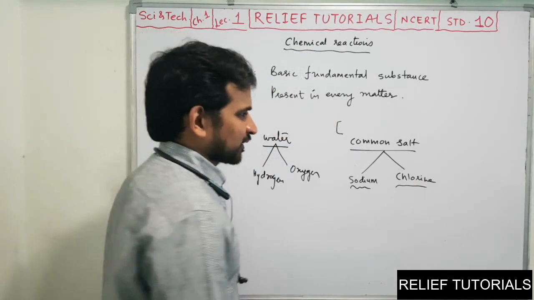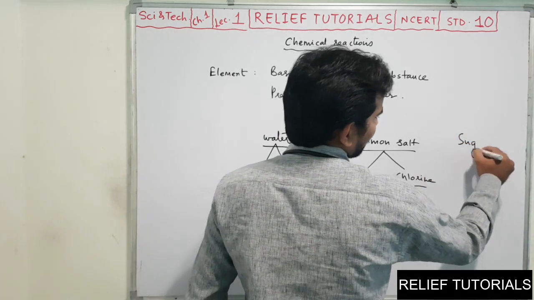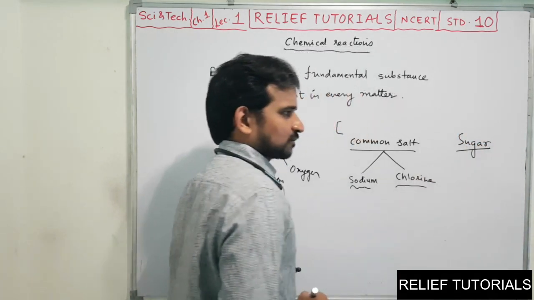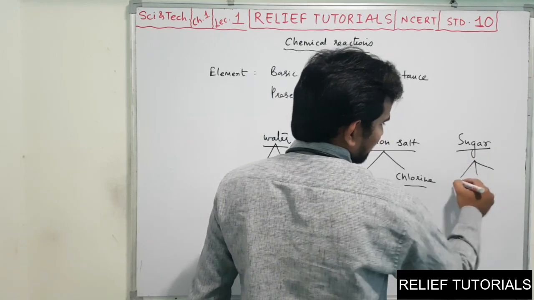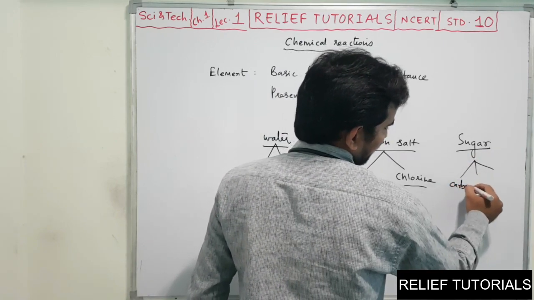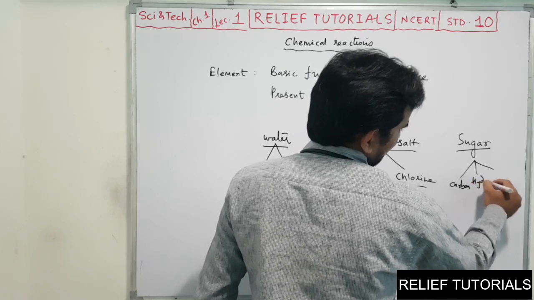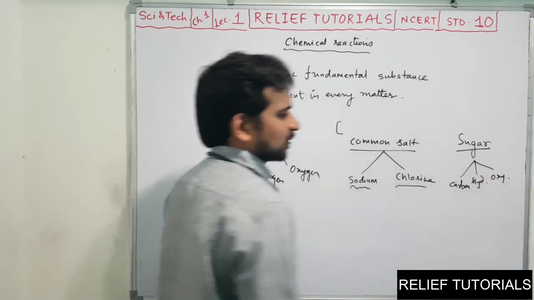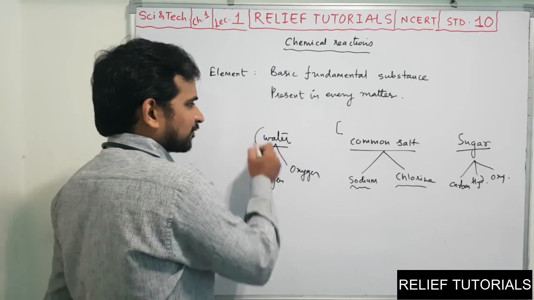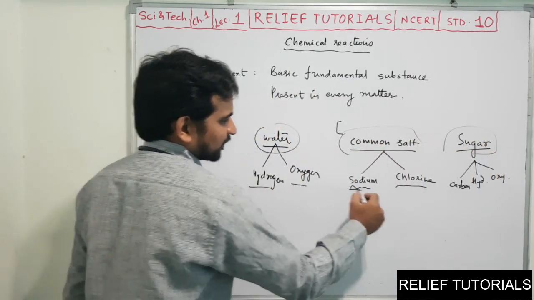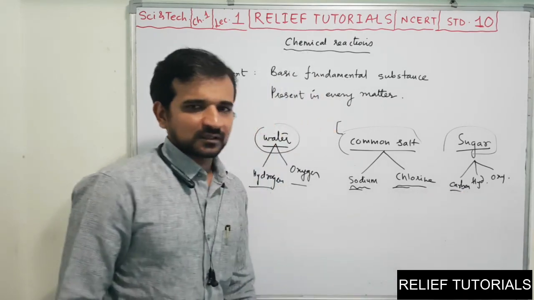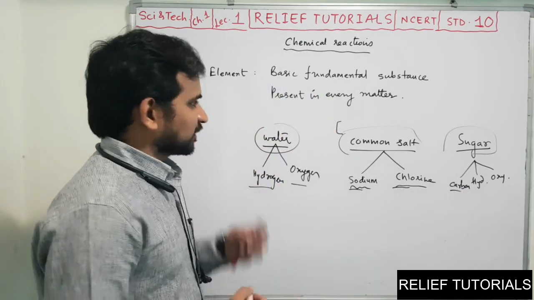Many such substances, for example, sugar. Sugar is basically made up of three fundamental substances: carbon, hydrogen, and oxygen. So in this way, these are the matters. So every matter is made up of some fundamental substance, and these fundamental substances are called as element.